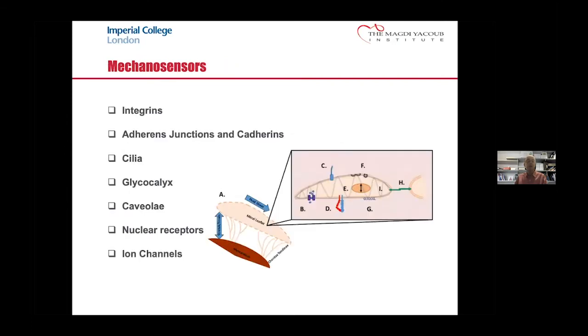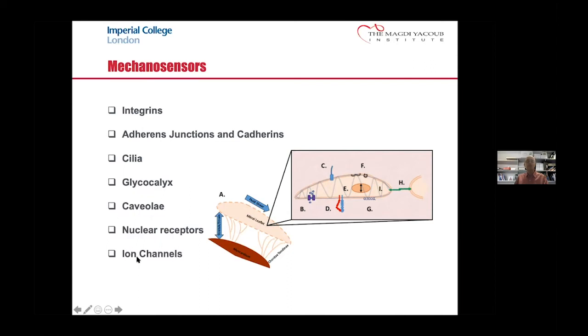And there are a whole range of potential mechanosensors, and I've just touched on integrins, perhaps most widely studied, but other connective molecules within cells are important. There's been a lot of focus recently on cilia, particularly in mitral valves, and the glycocalyx, which is a lining of proteoglycan molecules present on the endothelium for sensing responses of flow.